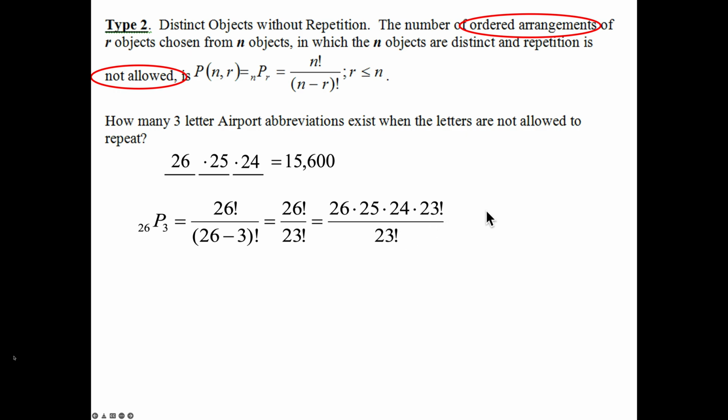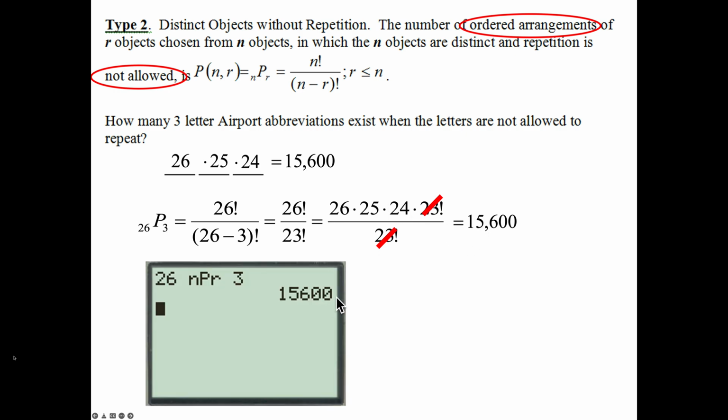Don't go 23 down to 1. We'll just stop here, put a factorial, and we'll cancel those out. No reason to write 23 pairs of numbers and put 23 double slashes to cancel numbers. So there's your 26 times 25 times 24. Still 15,600.